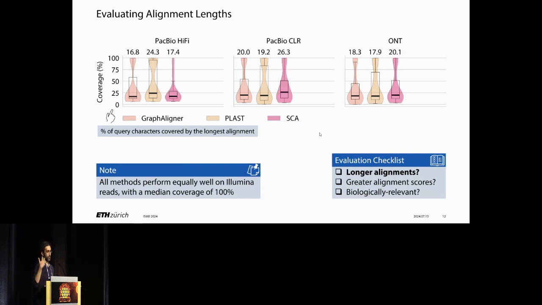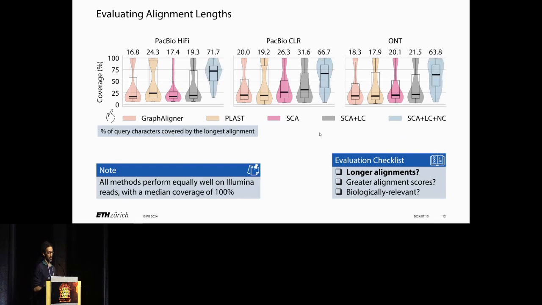And using our single label aligner as a baseline, we see that we don't get too much of an improvement here. And then if we introduce our label change operation, we get a slight improvement. But combining this with our node length change operation to add extra contiguity to the graph, we are able to align much more of our query sequences as compared to before.